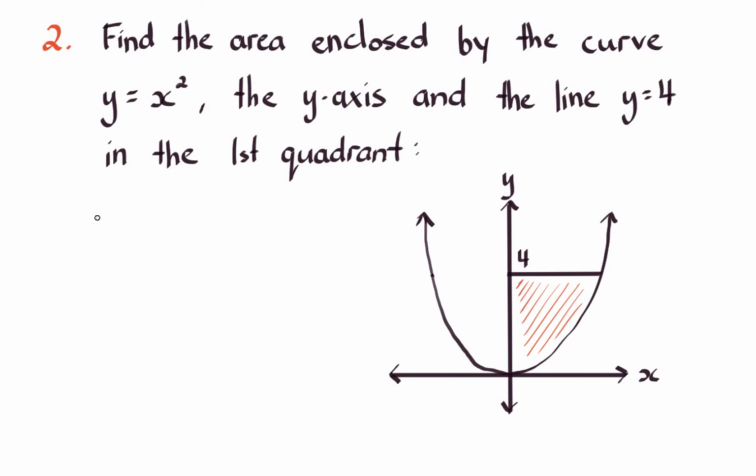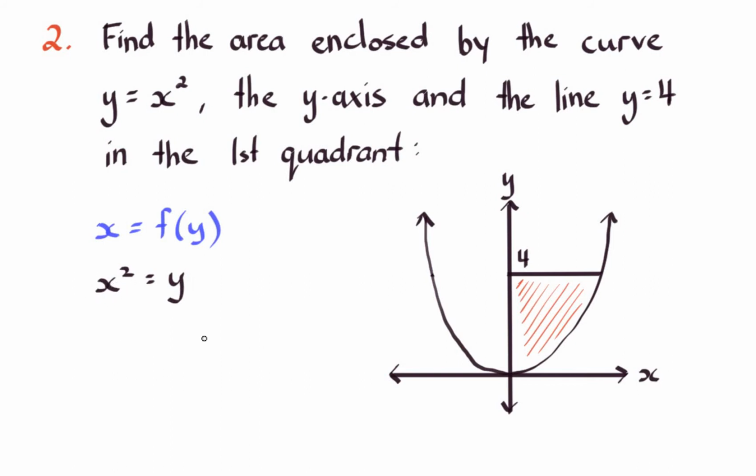Because it's an area enclosed by the curve and the y-axis, we want our function as a function of y. And we haven't quite got that at the moment. So let's rearrange y equals x squared, or x squared equals y, so that we make x the subject.